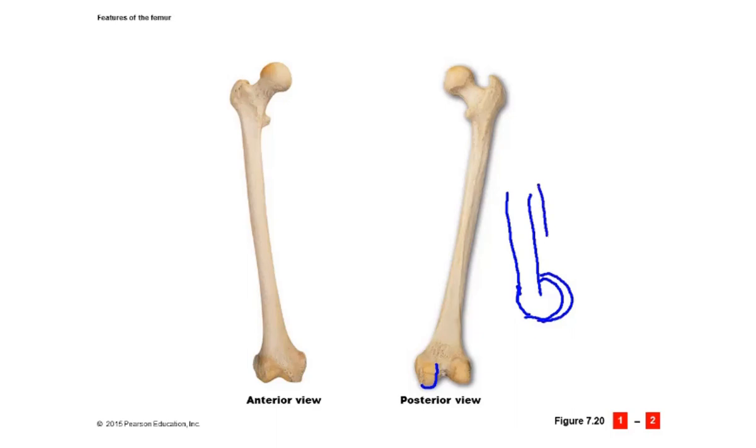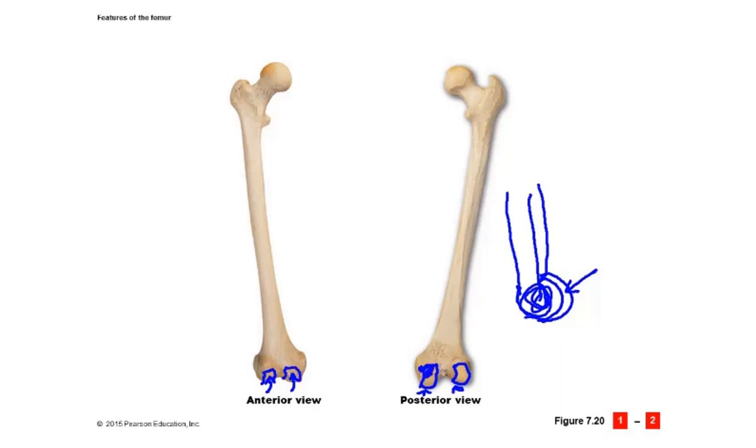If you were looking at this bone from an angle, you would be looking at the back surface of this round section right here. So these two are round, and they go all the way underneath, and then they come up this way. This smooth surface like this.